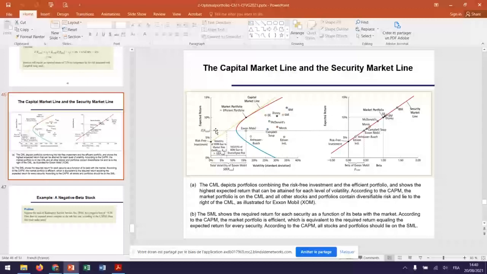The volatility from this point to this point represents the market risk, which we are not able to diversify. From this point to this point represents diversifiable risk, and the total is the total risk of ExxonMobil.